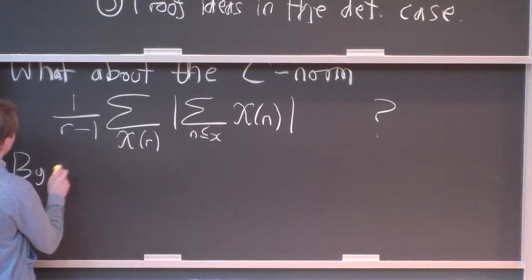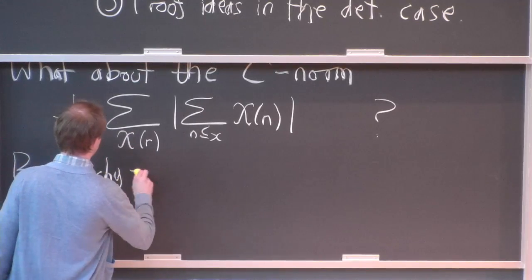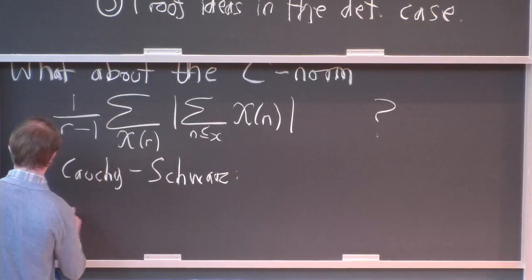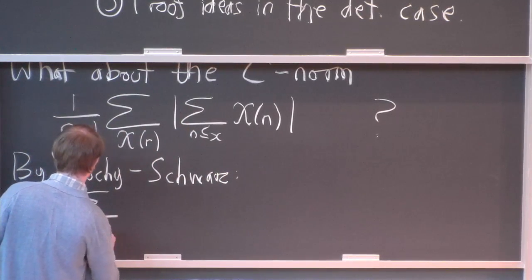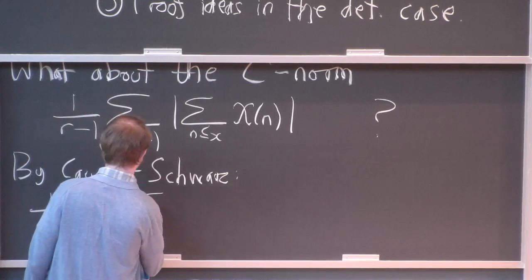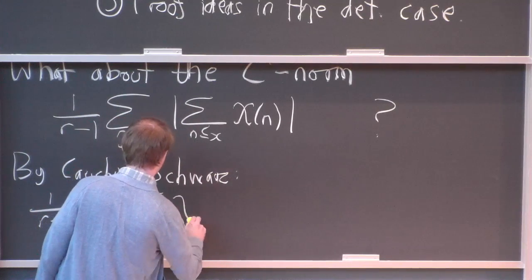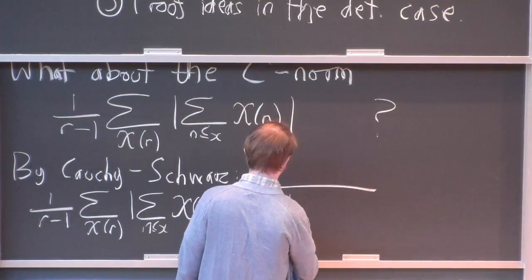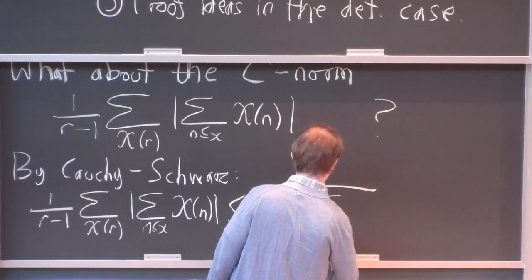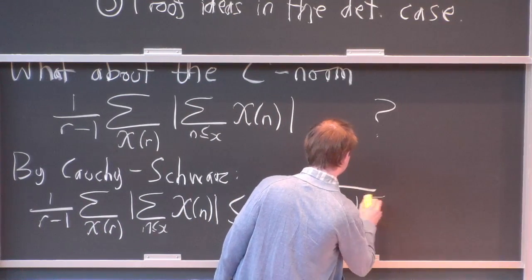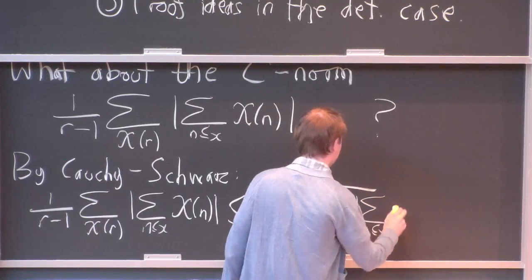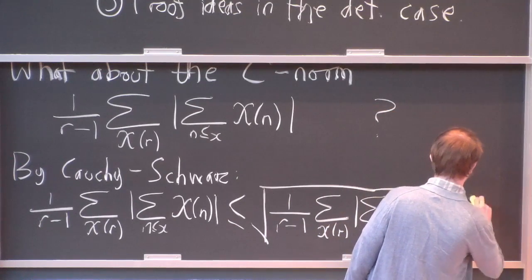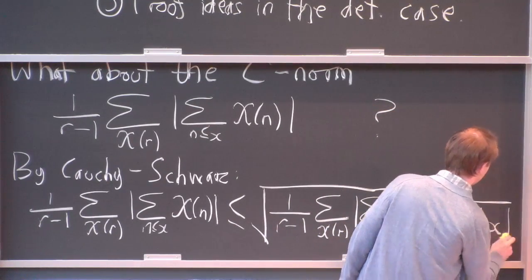So by Cauchy-Schwarz, this is at most the square root of the second moment, so that's square root of floor of x.